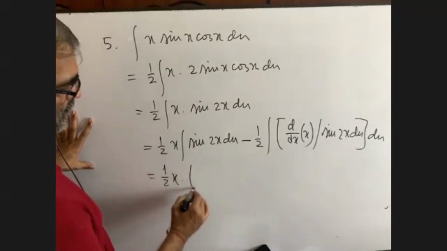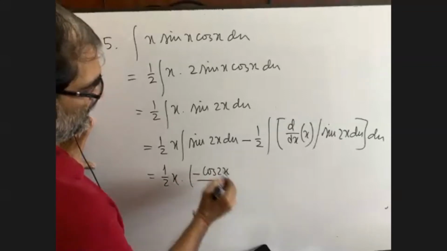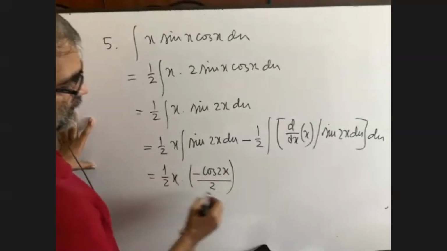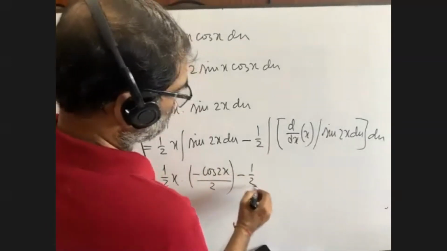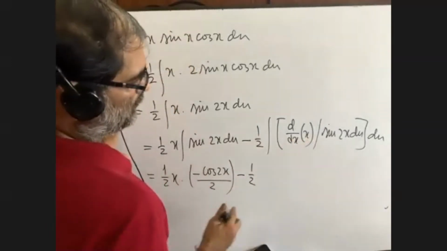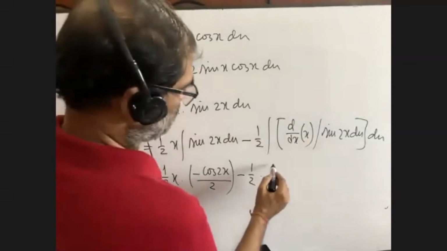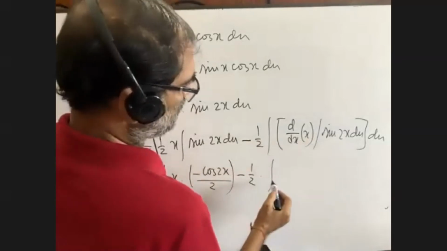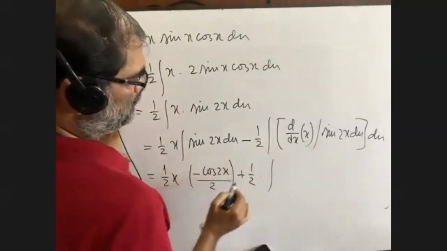Minus cosine 2x by 2, it will be divided by 2. And this is again minus. The derivative of x is 1, we are not getting any function, and it is minus cosine 2x. So that minus and this minus will be plus here.